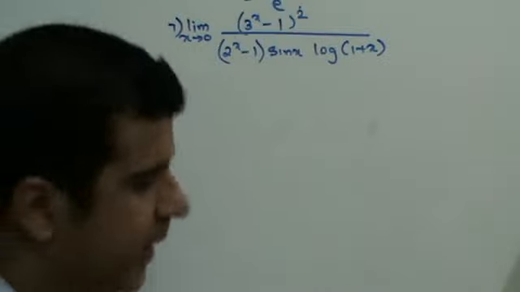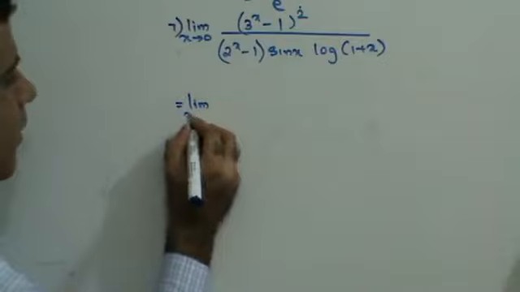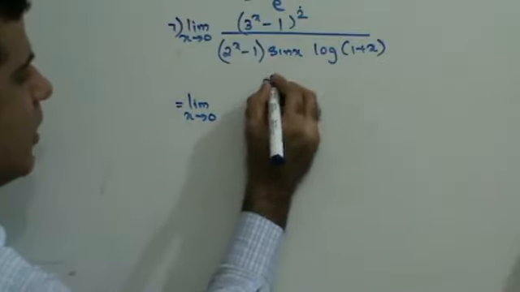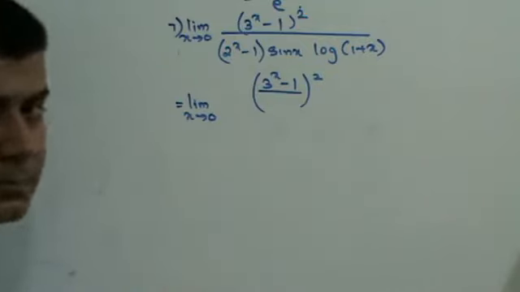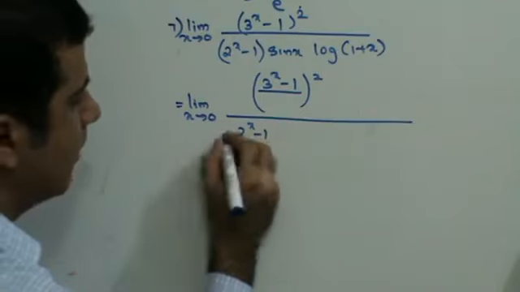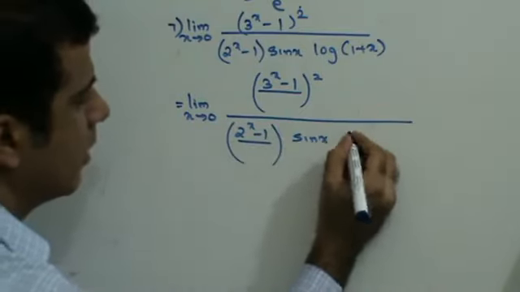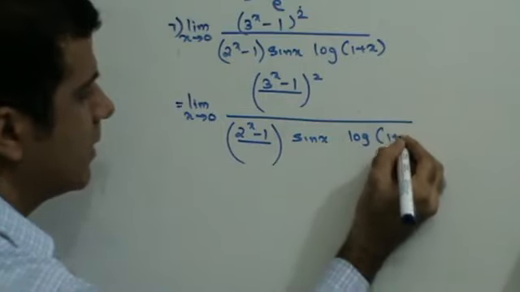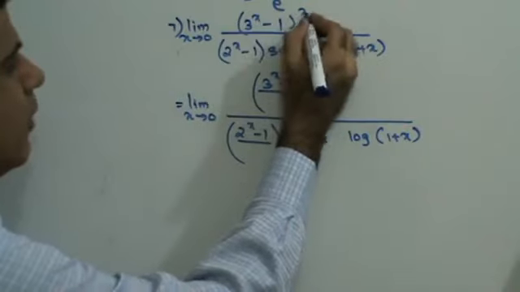Now this practically ends up using all the formulas. Let's see how. This is 3 raised to x minus 1 the whole square upon 2 raised to x minus 1, sin x log 1 plus x. I presume this is q. Yes guys, this is going to be q. The sum is q.